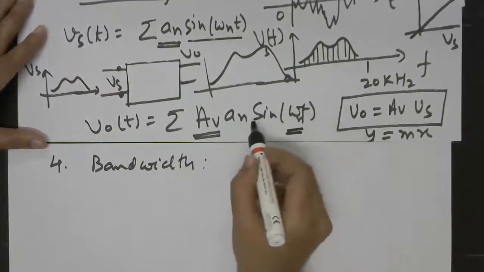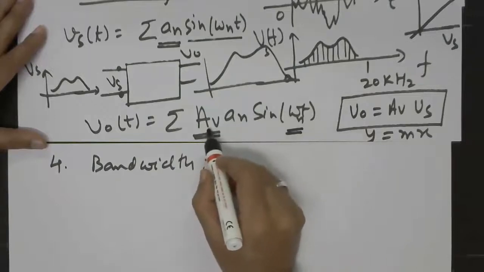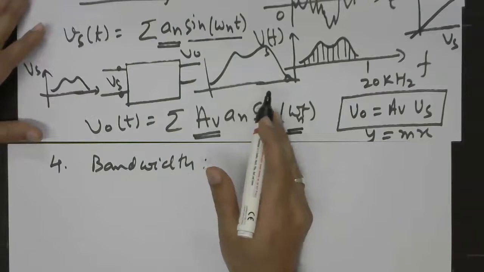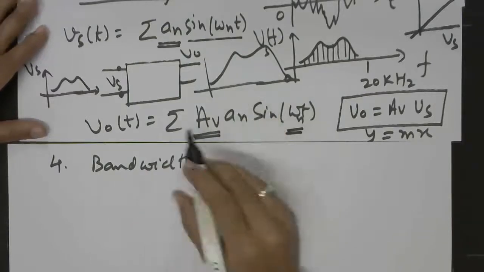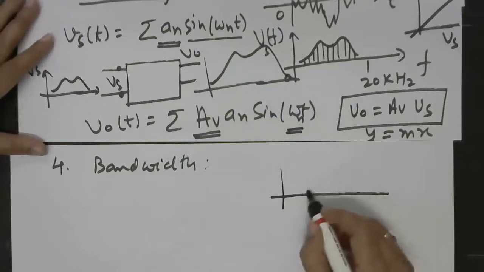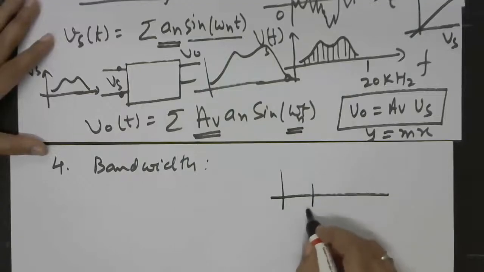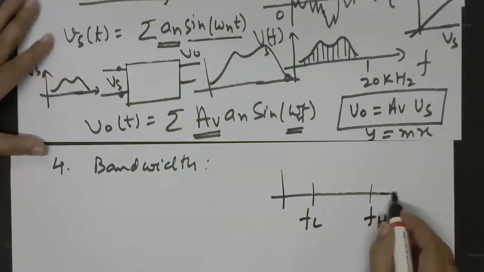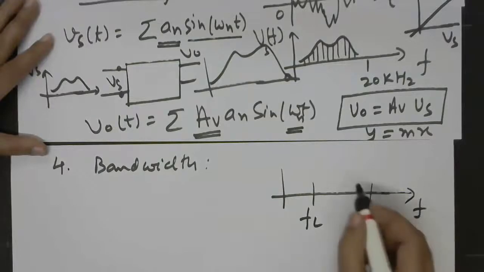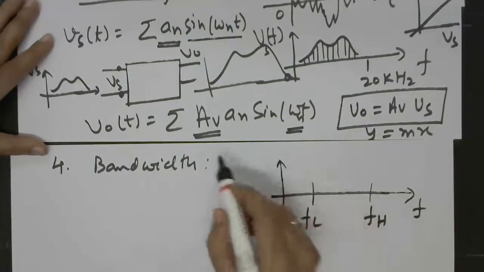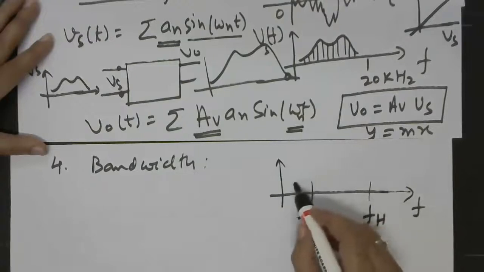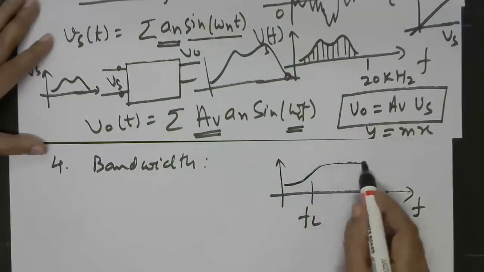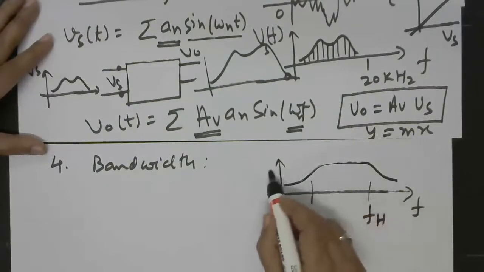What it will do is multiply most of the frequency components by a constant number. But once the frequency becomes smaller than a certain value, say FL, or more than say FH, then AV is usually going to be smaller. So the behavior is going to be something like this.